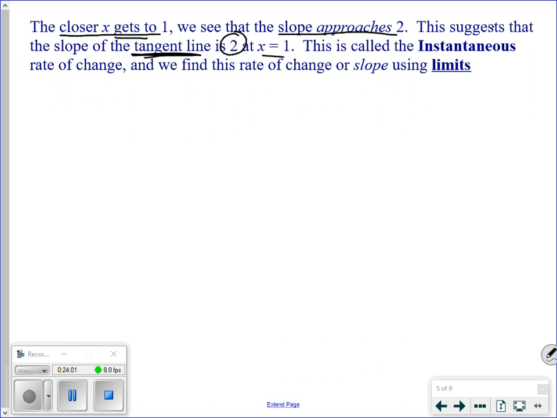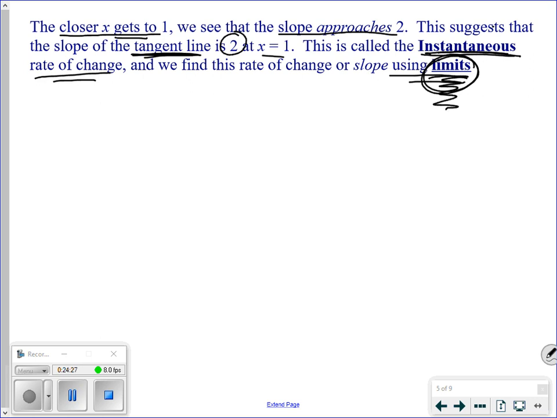This is called the instantaneous rate of change because we are finding the slope at an exact point. The only way to find this mathematically correctly without guessing is using limits, and that's what the majority of our first unit is going to be about. So we can build up to this idea of finding the instantaneous rate of change. We've got to be good at limits first. So we'll lead to that in a little bit.